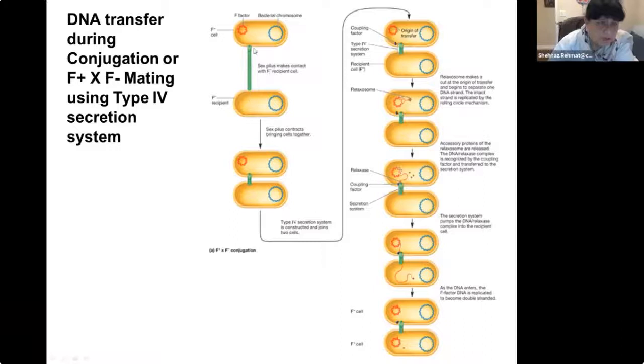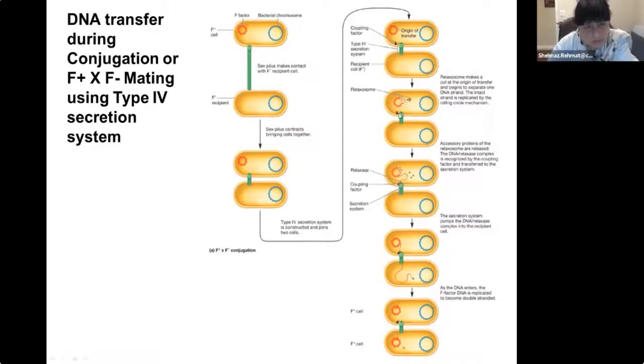The pilus contact is first established between the donor and the recipient, and the pilus, as I say, can retract. Retraction of the pilus occurs so that the donor and the recipient cells come in direct contact with each other. Now the type 4-like secretion system is established. The plasmid DNA that has to go through this channel will be relaxed, because it is also a supercoiled DNA.